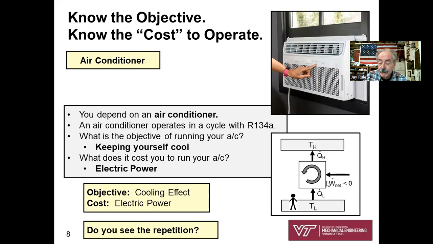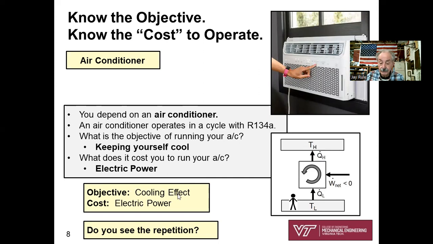Now let's look at my schematic. I've added a little stick figure in the schematic. This is you, here in the low temperature reservoir. This is kind of like your room, the space in your apartment or your home. The objective of this air conditioner is to pull heat away from the room and you, and transfer it to the outside at the expense of buying electric power to make that happen.